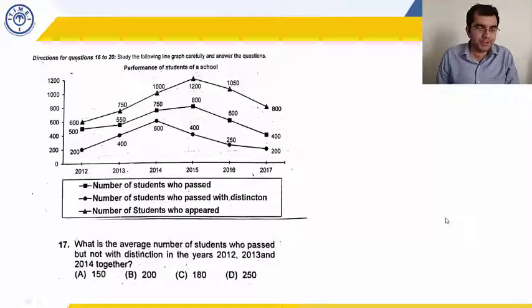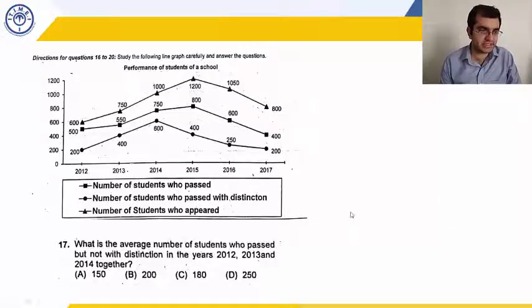So we want the average for 3 years, 12, 13, 14. So we'll be dividing by 3. And we want the number of students who passed but not with distinction. So that is going to be square minus circle. Passed and distinction, subtract them, you get passed without distinction.